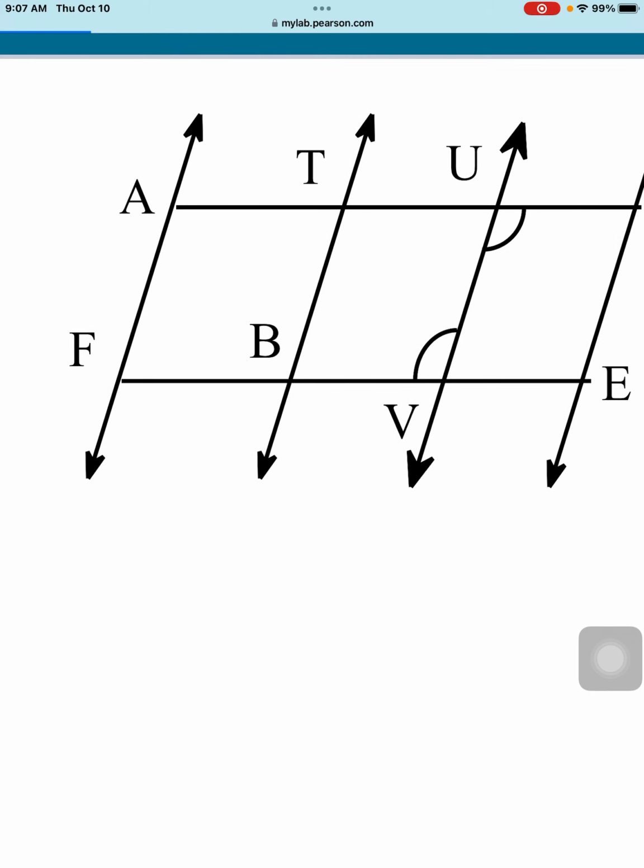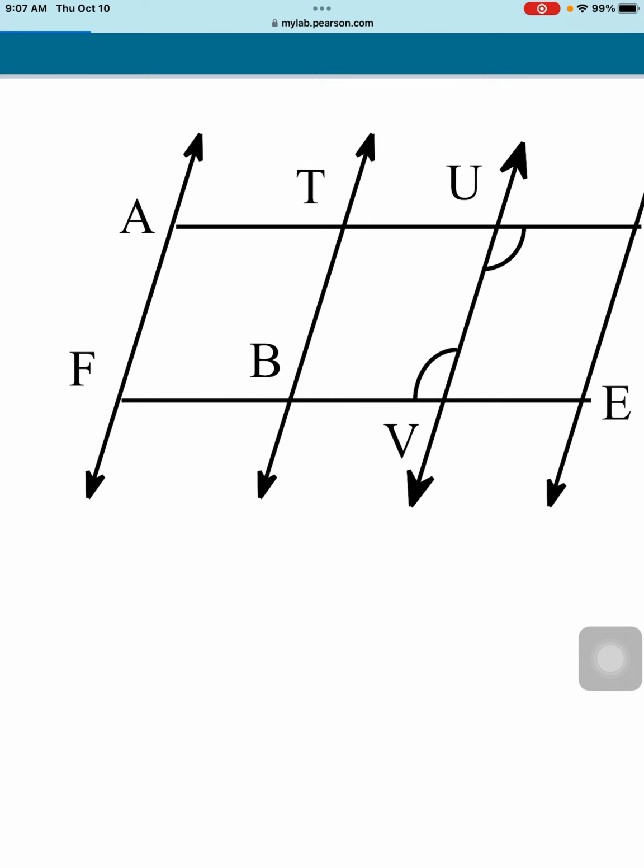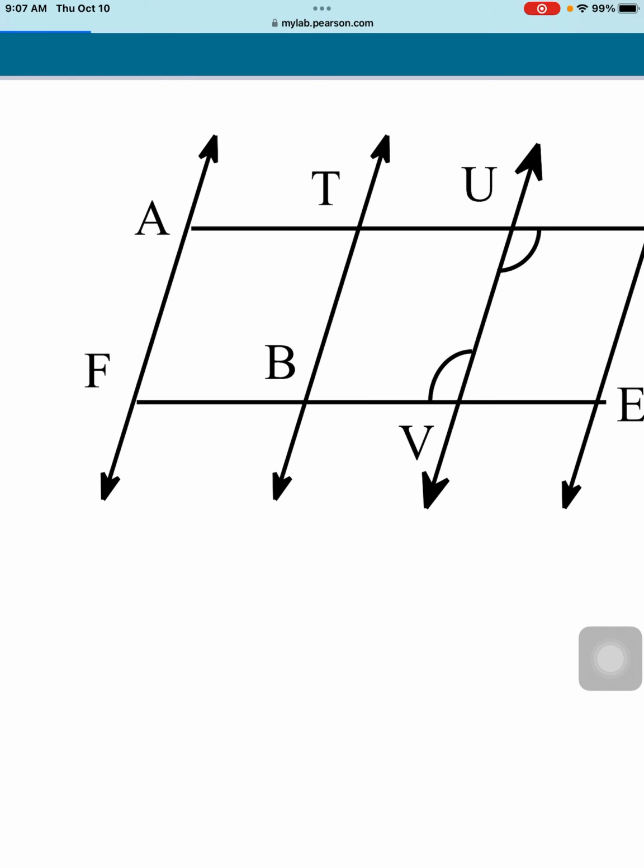So if I know that UV is the transversal line, what 2 lines is that transversal line transversing? Whatever 2 lines that transversal is transversing, we know that because they're what? Alternate interior angles. Not only are they alternate interior angles, but they're congruent alternate interior angles.